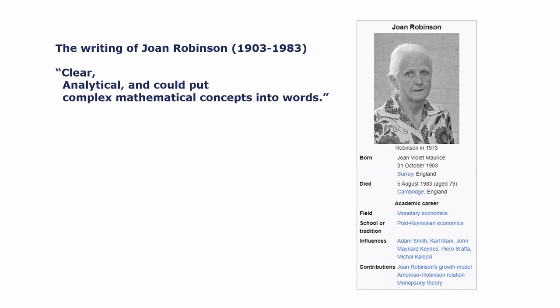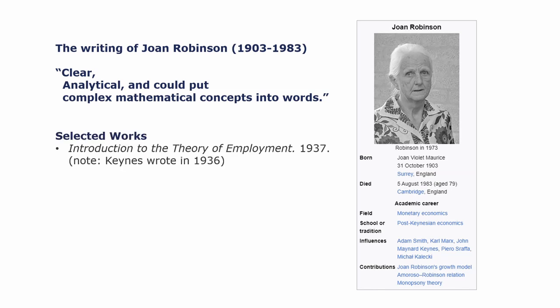But it's pretty clear that as she aged, she became more and more Marxist in her views, and a lot of people say that hurt her with the Nobel Committee. It probably did. Now, one of the things that she did was she wrote about the theory of employment in 1937.